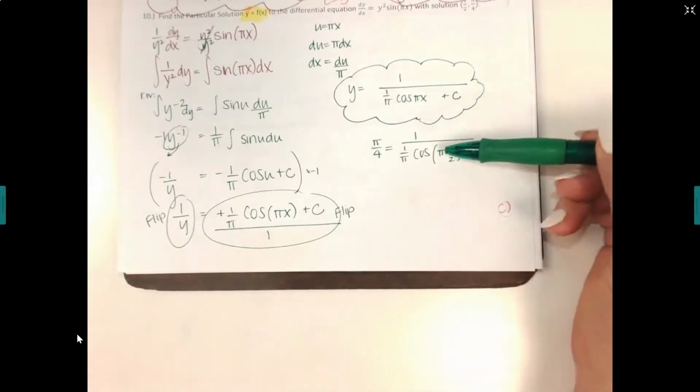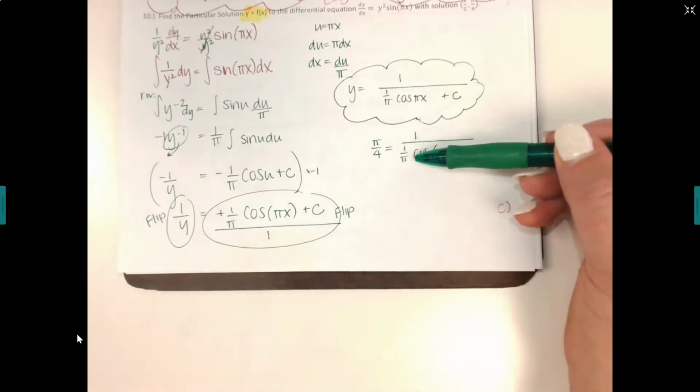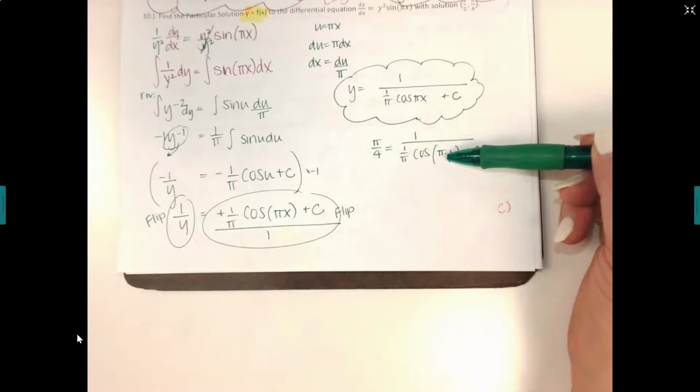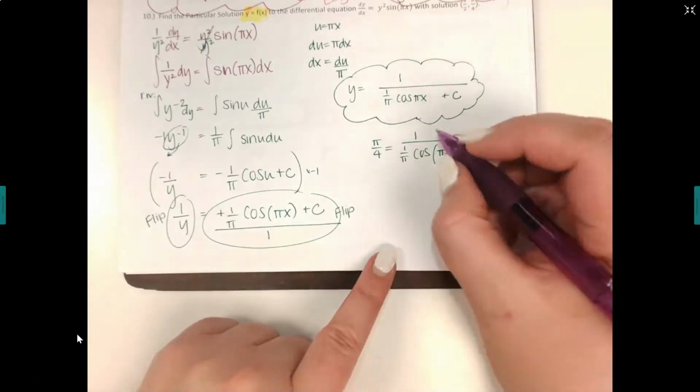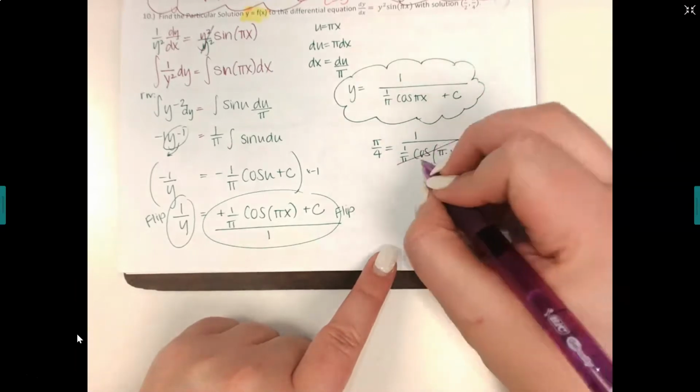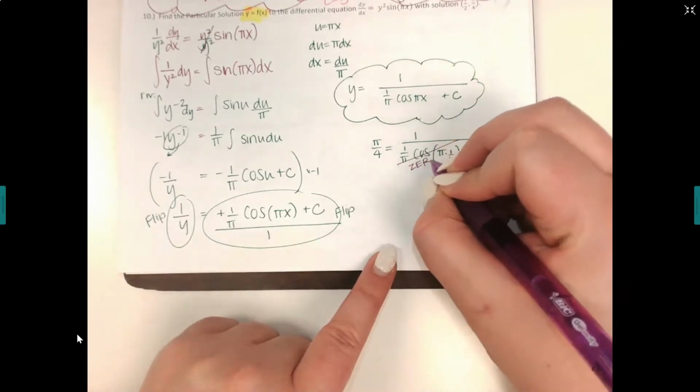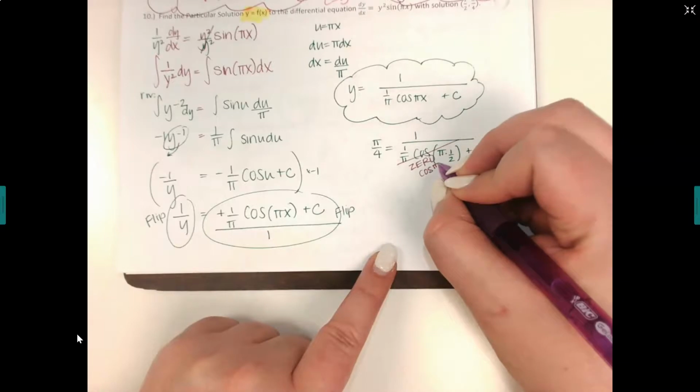What is a half of pi? Pi halves, pi over 2. And what is cosine of pi over 2? 0. So this entire term right here becomes a 0 because it's the cosine of pi halves.